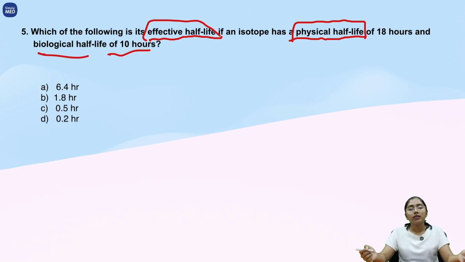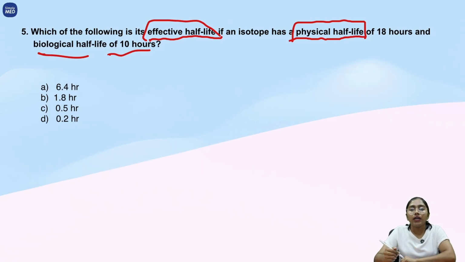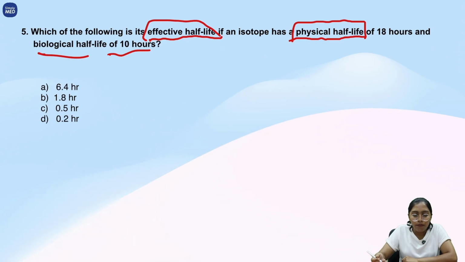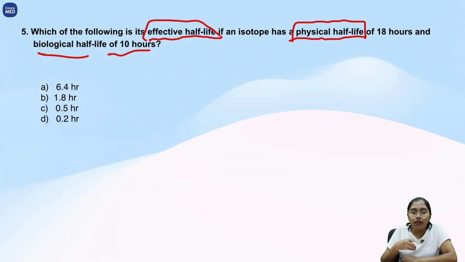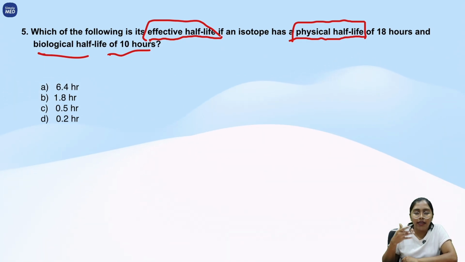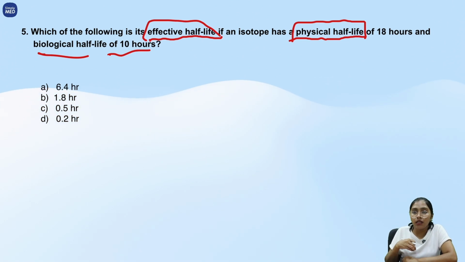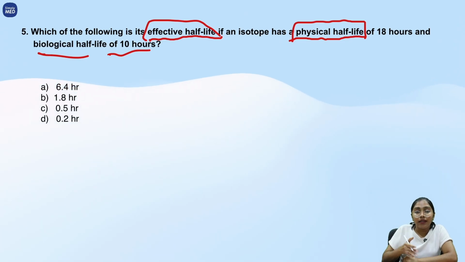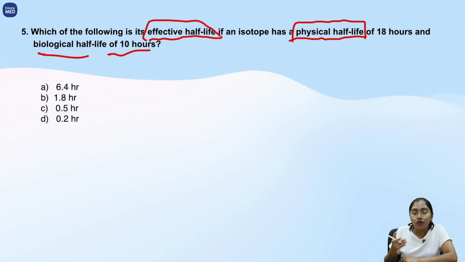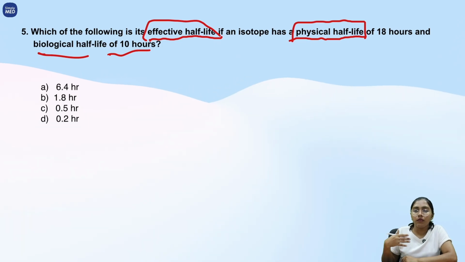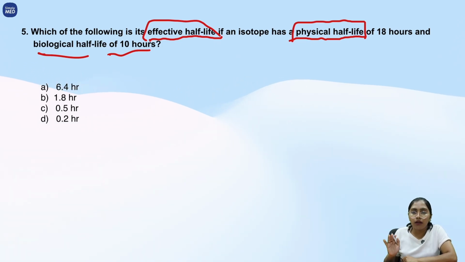Biological half-life means, suppose we are giving this radiopharmaceutical to a living being, let's say a patient. Once the radiopharmaceutical has reached the patient's body, the time taken for half of it to be excreted from the patient's body is called biological half-life.